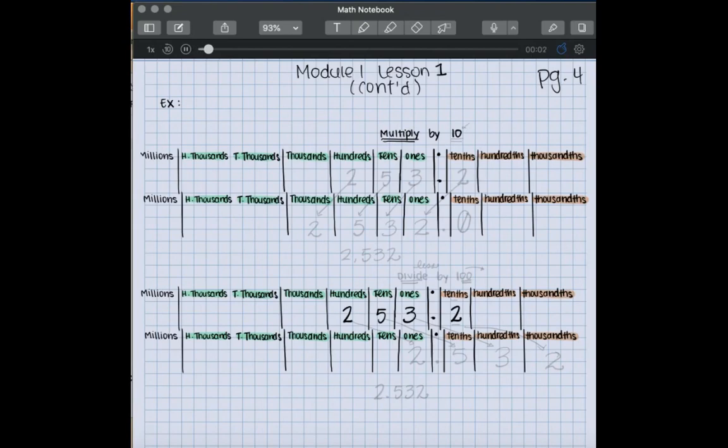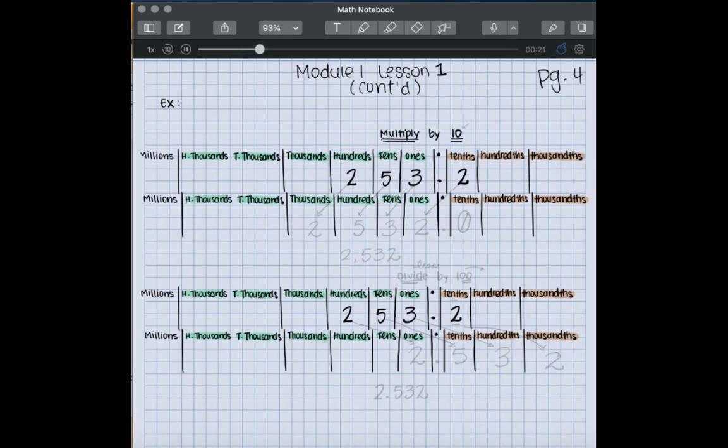Say we're given the number 253.2 and I'm being asked to multiply by 10. Again, I'm multiplying, so if I look at my notes, it's 10 times more, and I'm going to move to the left because more means move to the left.